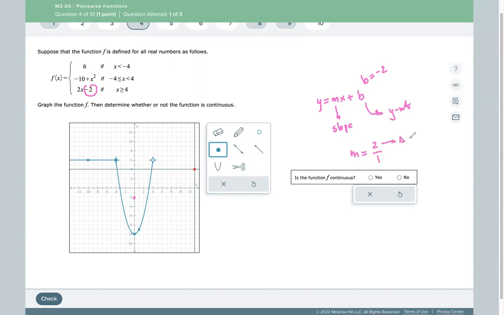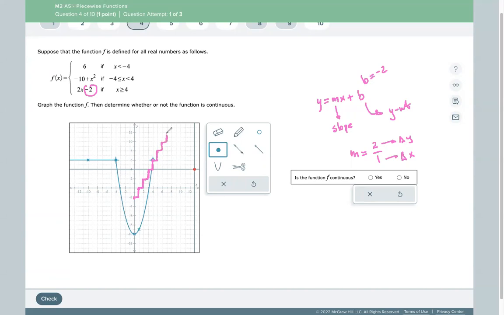This is how much we're changing on y, and this is how much we're changing on x. So that means for every unit we move to the right on x, we're going to move 2 units up. So 1 unit to the right and 2 units up, and we can keep going like that, and so on.